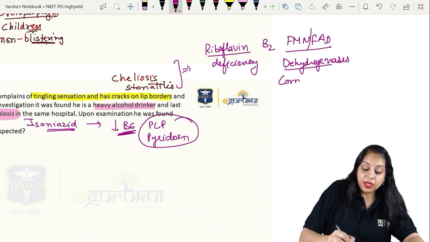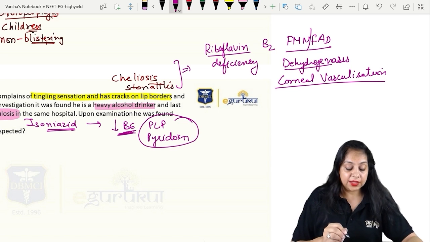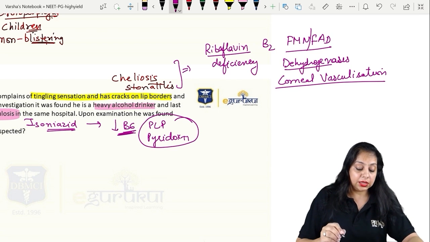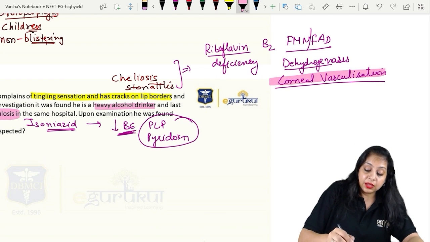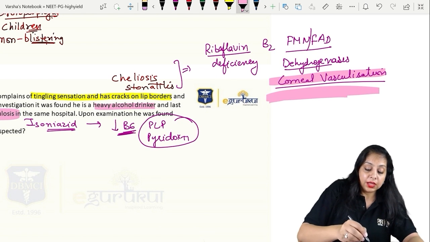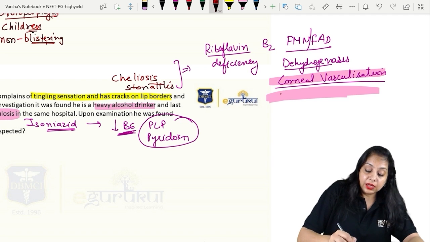You see corneal vascularization. The corneal vascularization is seen in the patient other than the cheilosis and stomatitis. And there is one more fact. That is your magenta colored tongue.